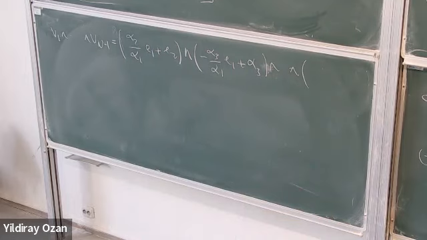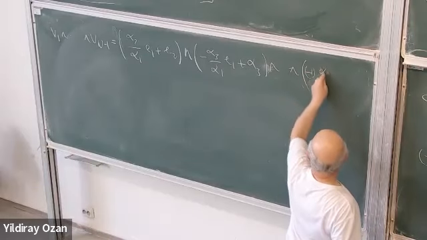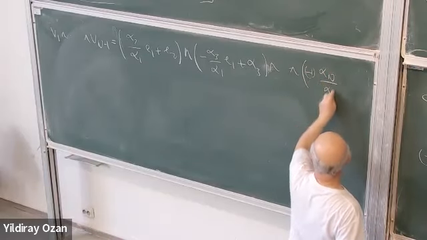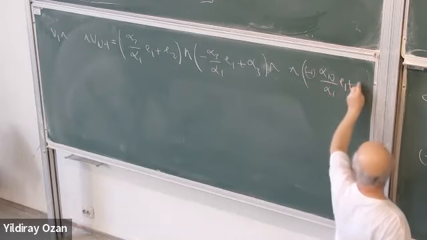Eksi 1 üzeri n, alfa n over alpha 1, E1, E1 plus En.